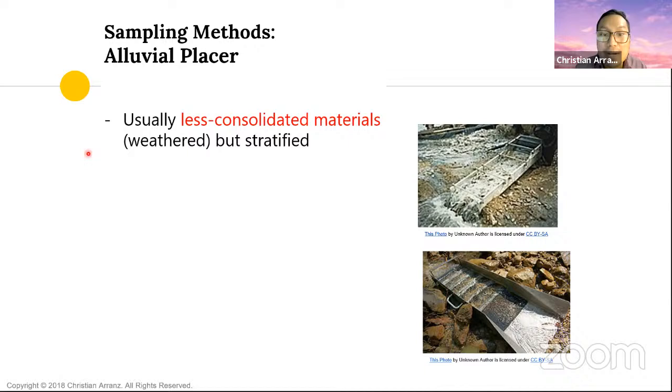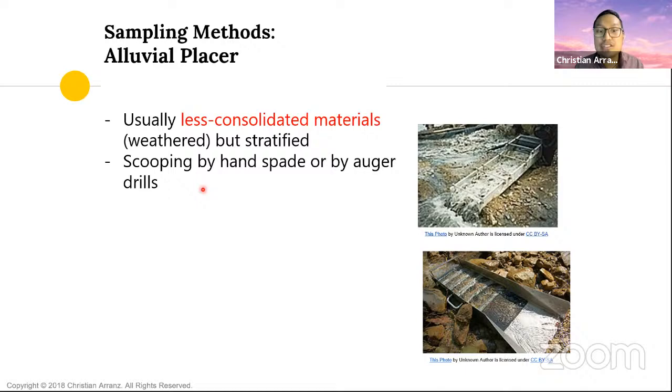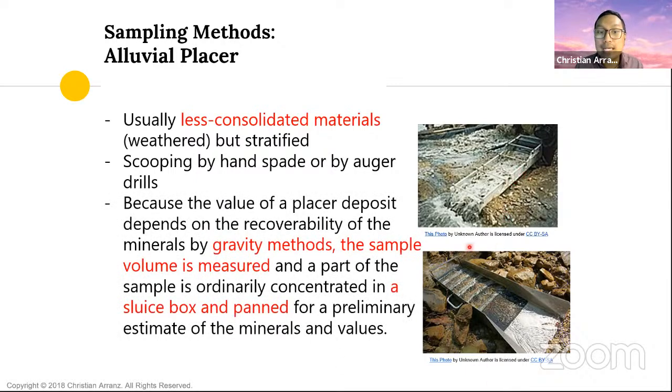So, ito yung ginagamit sa mga less consolidated like sand, small pebbles, etc. Tapos pwede siyang by scooping or by auger drills yung material, pero gumagamit ka ng tinatawag na sluice box, itong dalawang to, sluice boxes. If you notice, they are parang beside lang the river. And then pinapadaan dyan. Tapos syempre, yung sa mas malapit dun sa dulo, yun yung mga magagaan. And then yung mga hindi nagmo-move dun sa forward part or dun sa harap na part, yun yung mga higher ang specific gravity. So you're just using the physical property to separate actually.